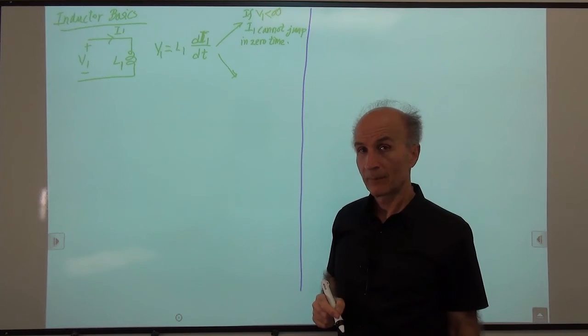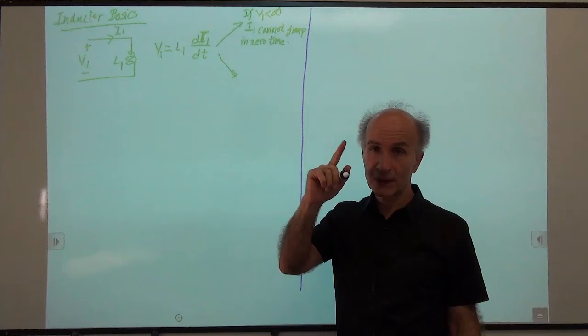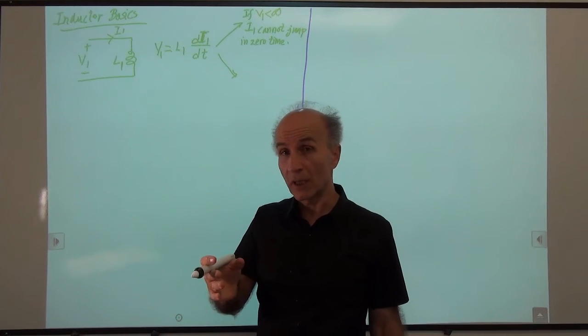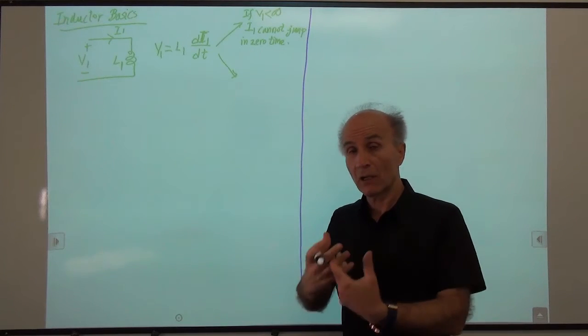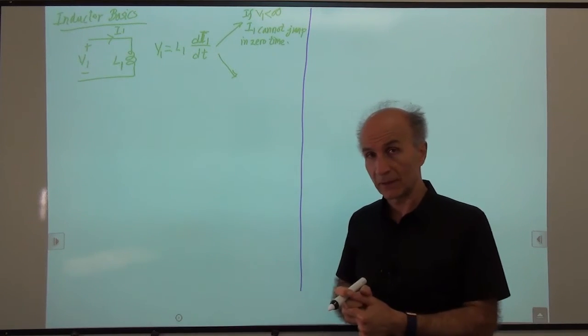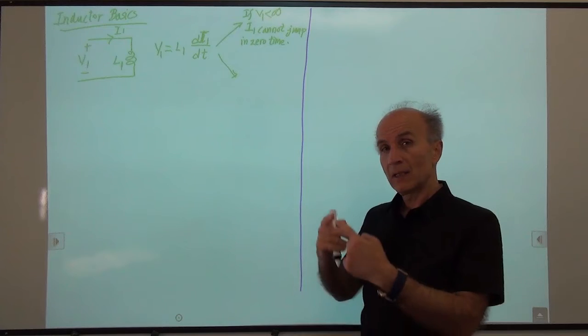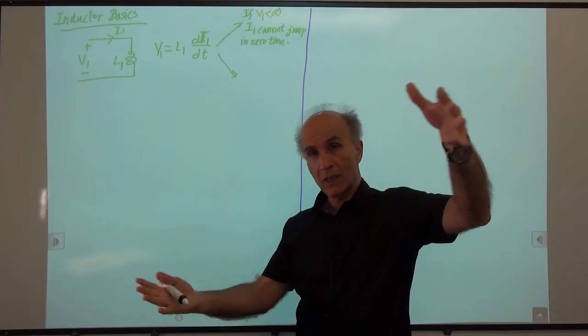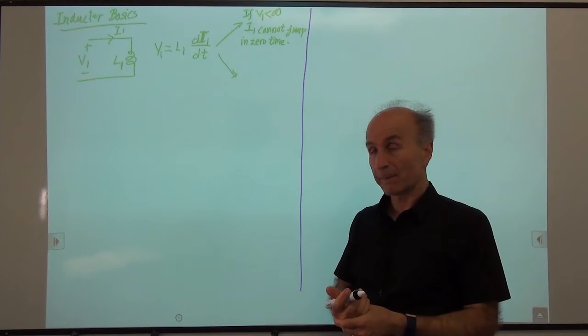All right? So that is in contrast to behavior of the capacitors. For capacitors, the voltage could not jump if the available current was less than infinity. Here it's the other way around, right? The current cannot jump if the voltage available for that inductor is less than infinity.